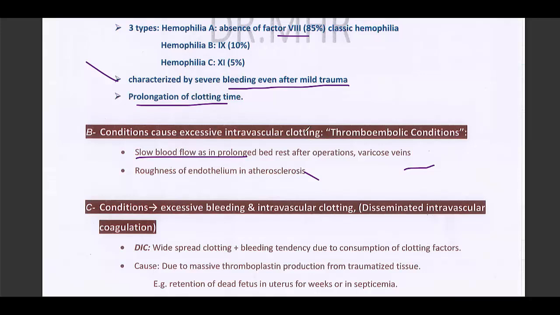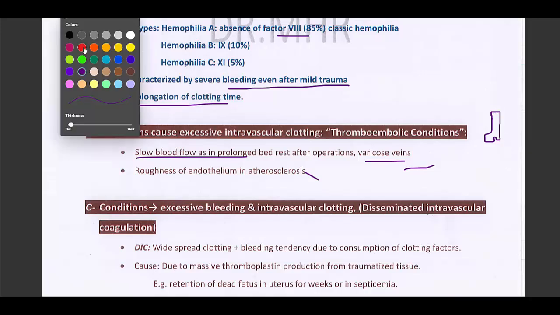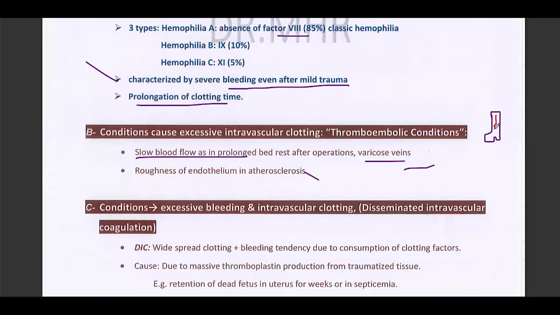And also in varicose veins. Inshallah later we will discuss it, but varicose veins simply means the blood is congested. Let's imagine this is a leg. The blood inside it is stuck. It didn't go up.